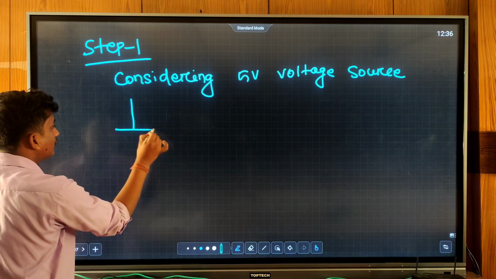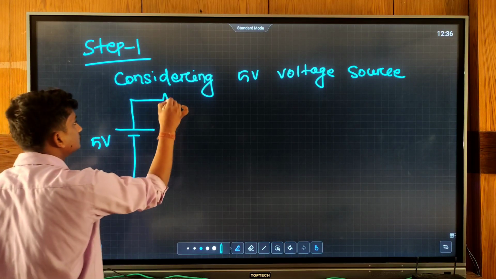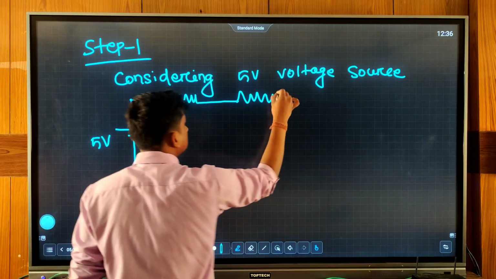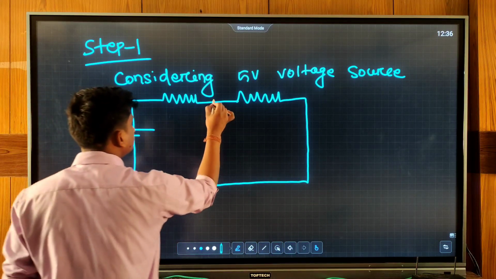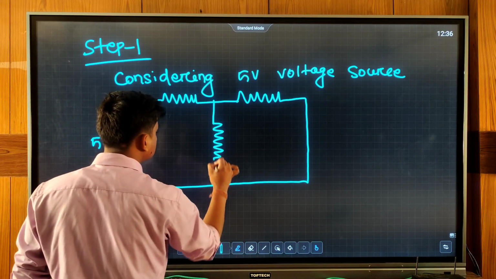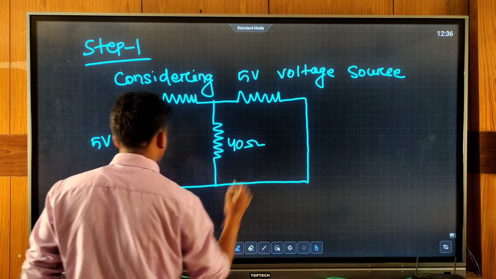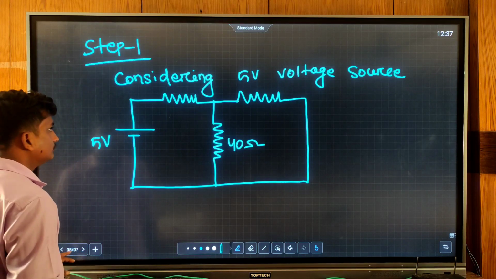So I am redrawing the circuit. 5 volt source. The 12 volt is short circuited. This is 40 ohm resistance. This is 20 ohm and 30 ohm.